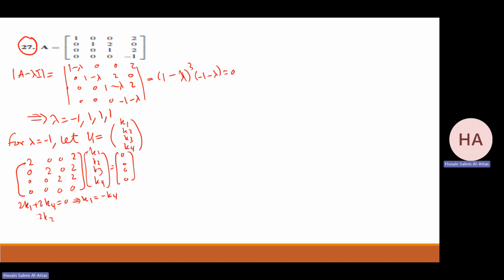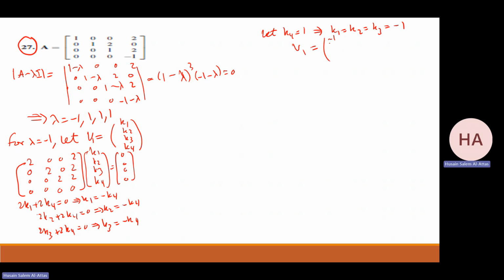And 2K2 plus 2K4 equals 0, so K2 equals minus K4. 2K3 plus 2K4 equals 0, so K3 equals minus K4. I will let K4 equal 1. Then K1 equals K2 equals K3 equals minus 1. So V1 will be minus 1, minus 1, minus 1, 1.